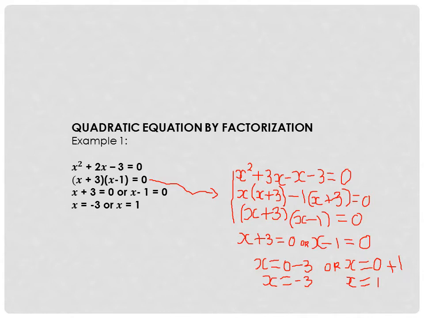So therefore, what are the two numbers? The two numbers are 3 and -1. It is not 3 and 1, because 3 times 1 will not give us -3. So the two numbers are 3 and -1. 3 times -1 will give us -3, and 3 minus 1 will give us +2.